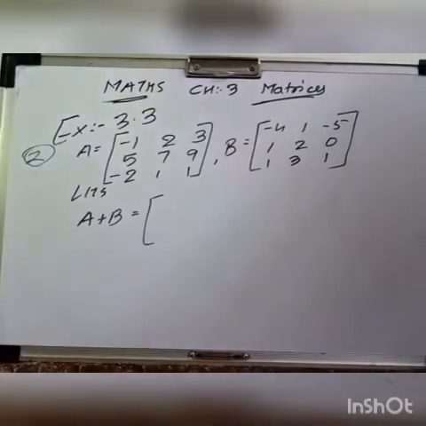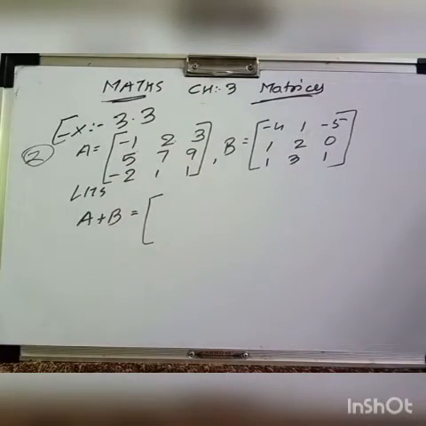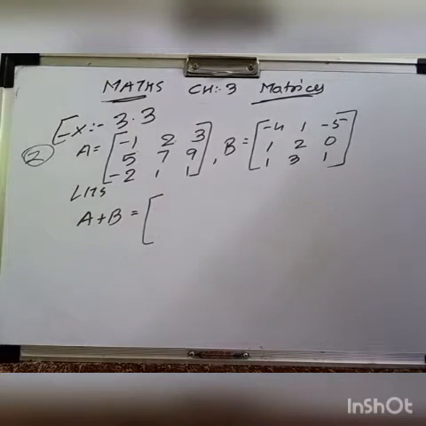So adding matrix A and matrix B, first of all I should clarify that A is a 3 cross 3 matrix and B is also a 3 cross 3 matrix, so the addition of the two is possible.